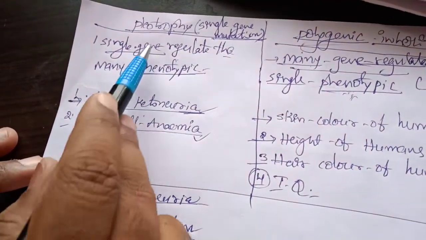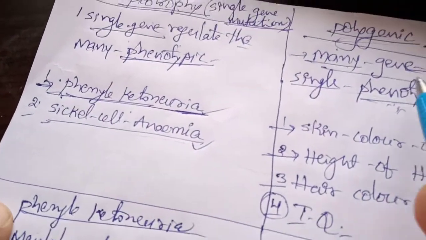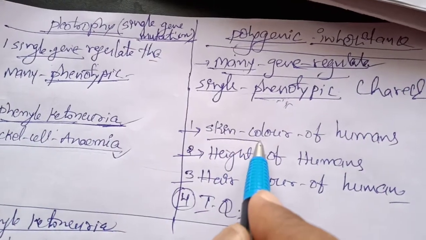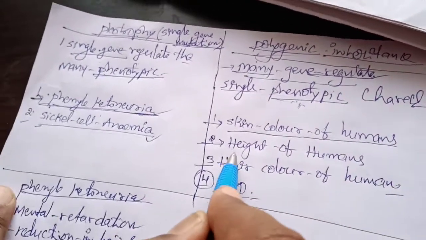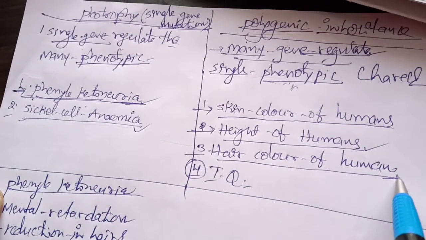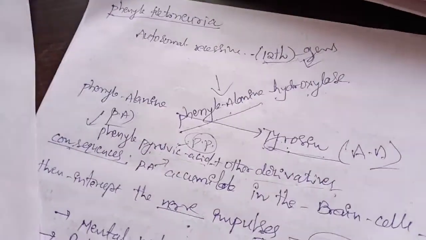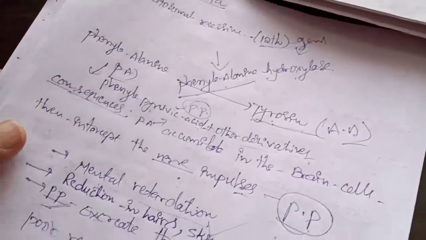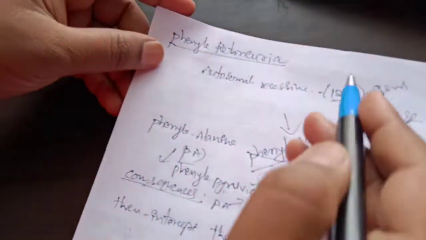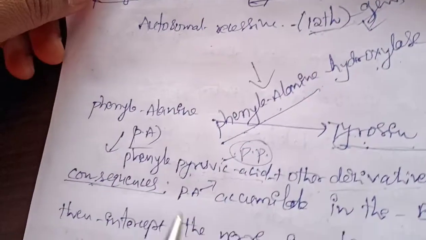The examples for pleiotropy are phenylketonuria and sickle cell anemia. Polygenic inheritance examples are skin color, height and hair color of humans, and IQ, intelligence quotient. Phenylketonuria is an example of pleiotropy.